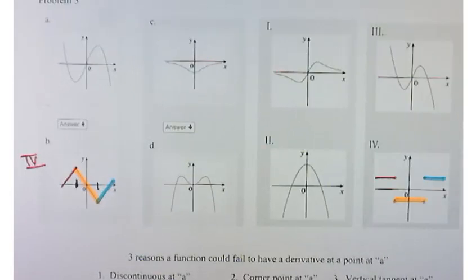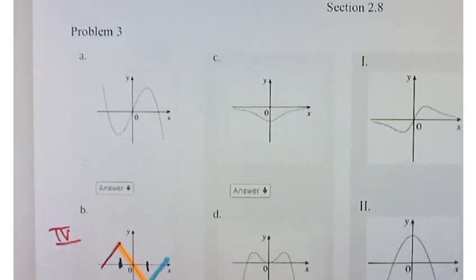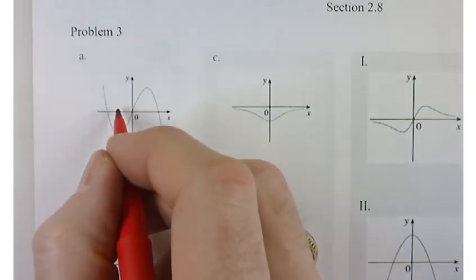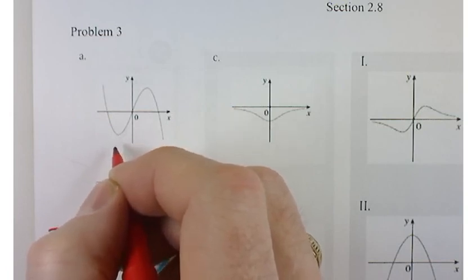Now let me do one other one with you together. I'll do the first one with you. And maybe not a bad way to go with this would be something like this. Let's start out with where this function has a derivative that's 0.